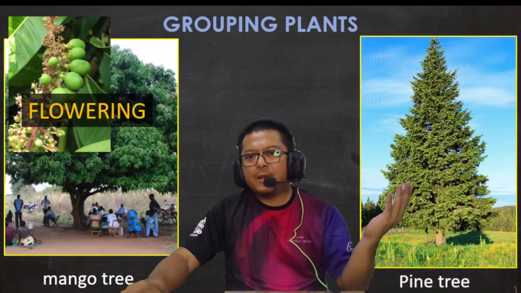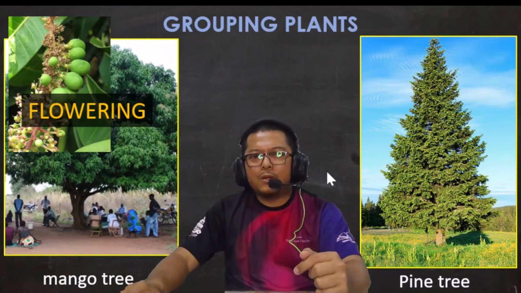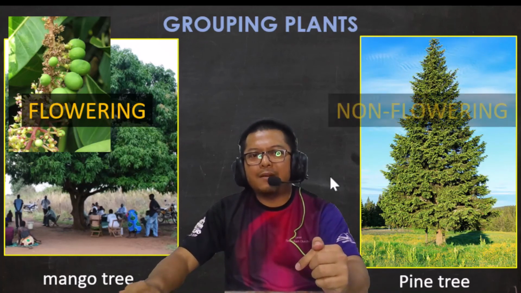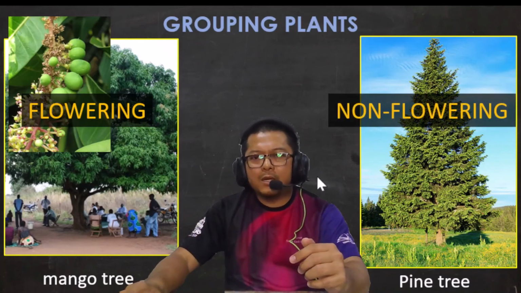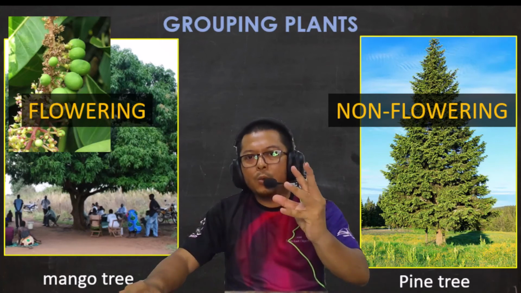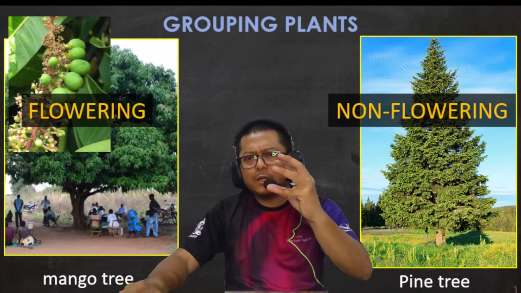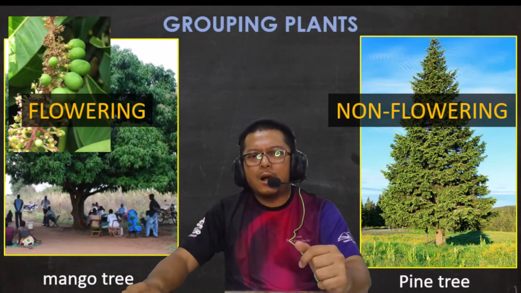Our next plant would be pine tree. Pine tree does not have flowers, and pine tree does not have fruits, so it's a non-flowering plant. Now sometimes when you see a pine tree, it has this cone, it looks like a cone. It produces cones, and cones are not its fruit.